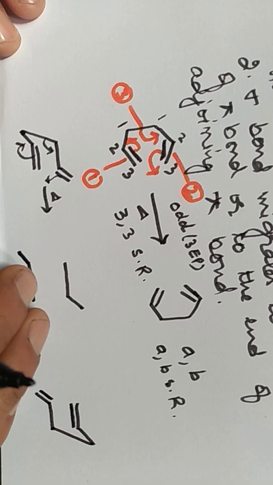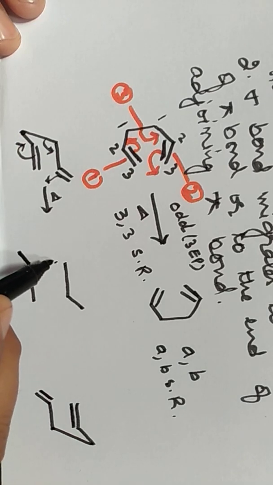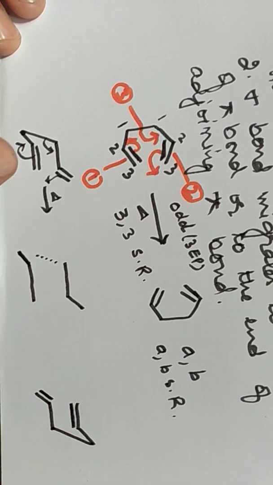In the transition state, we put dots for the new bond as well as the old bond, right? So in this case, this is an old bond, so we put dots for the old bond, and this bond shifting to this side means a new bond is formed. We put dots for this new bond.